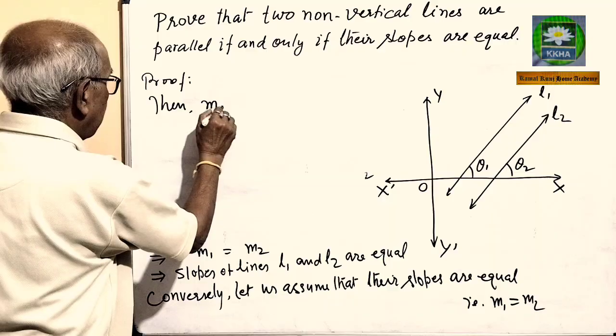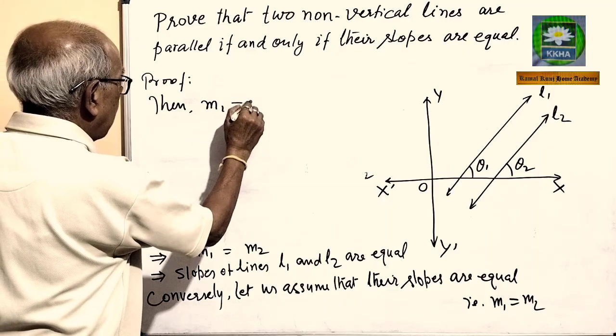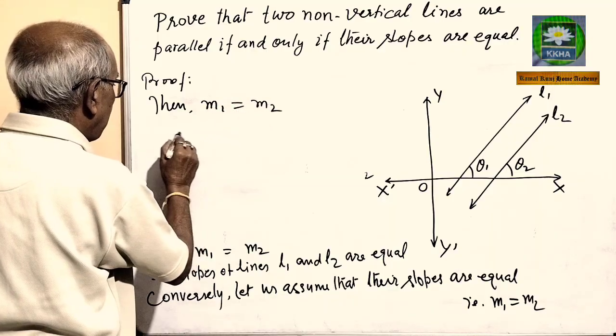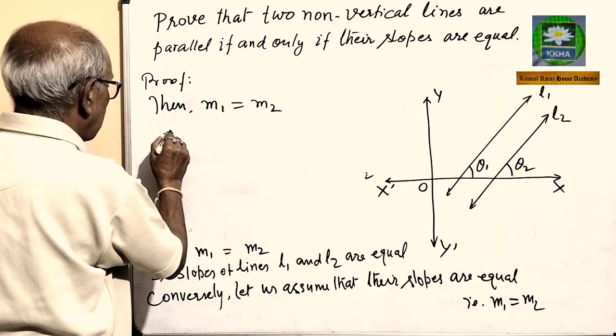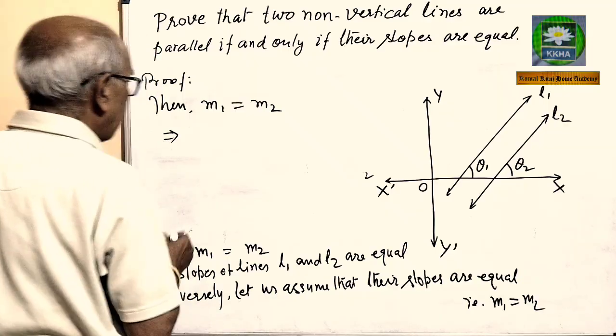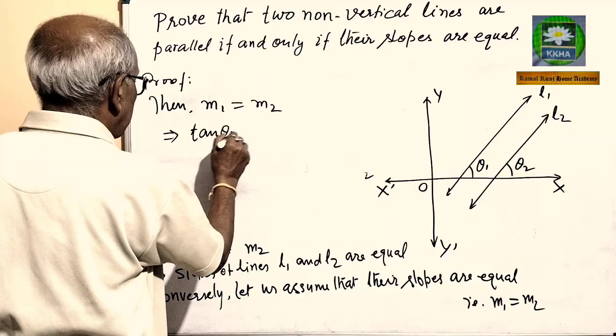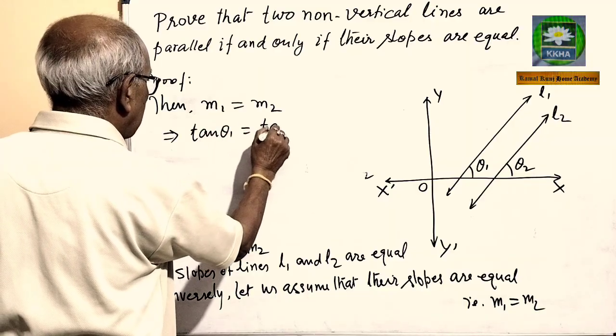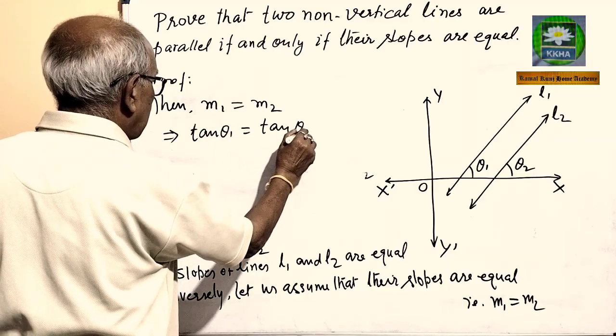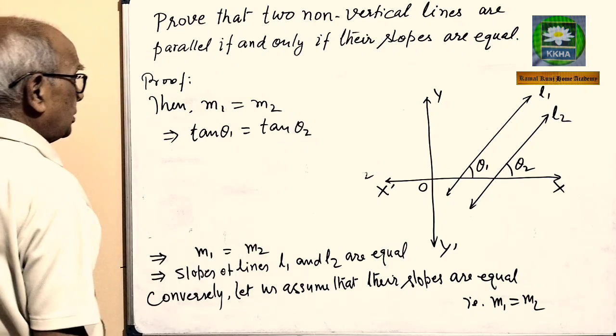Since m1 is equal to m2, this implies that tan theta 1 is equal to tan theta 2.